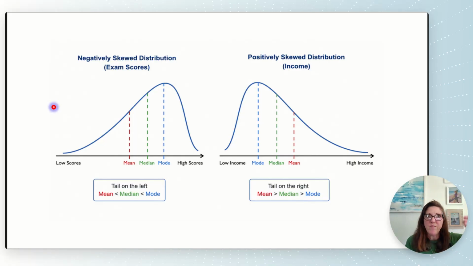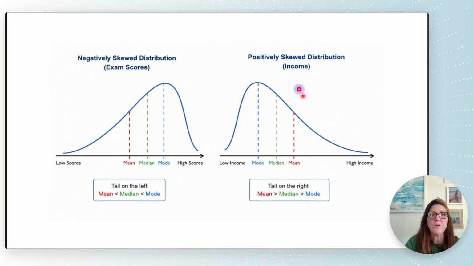So we can see that the influence of one bad exam score can really affect the shape of the distribution of the exam scores, which would really pull down the average score if we were using the mean. So the mean would no longer be the average exam score for this distribution. So the median would break up the exam scores with 50% of the exam scores being above and 50% being below. And that one low score no longer has an effect on the center, and that really reflects the center or the average exam score.